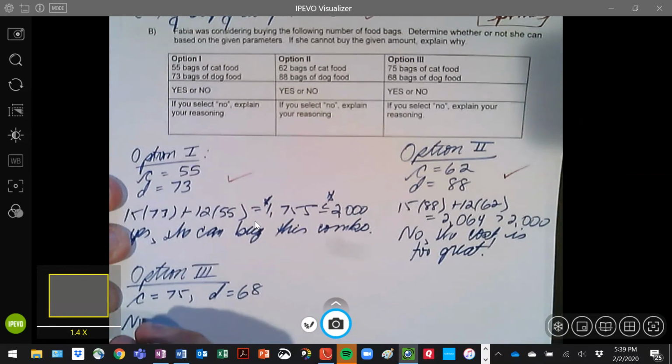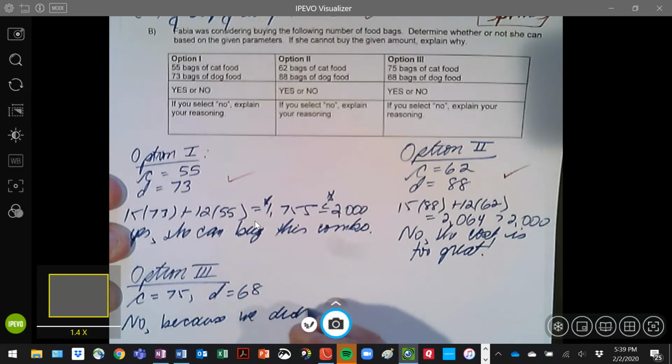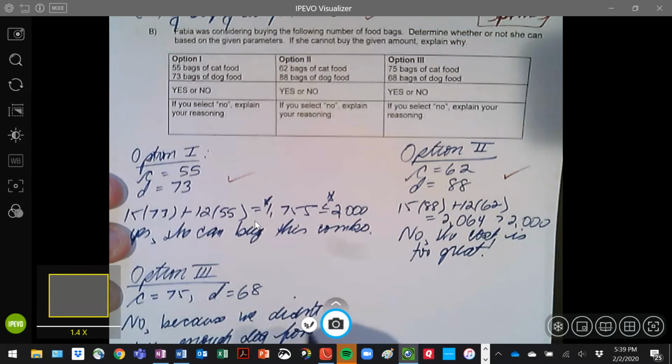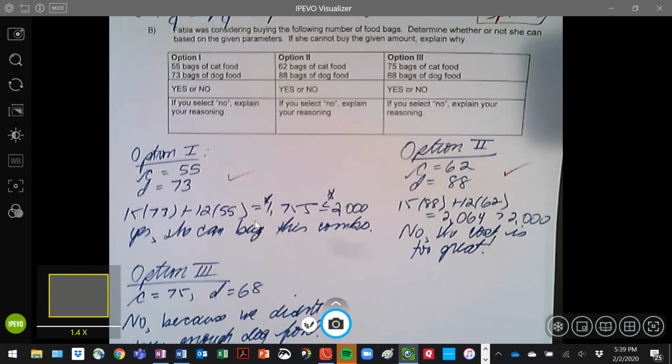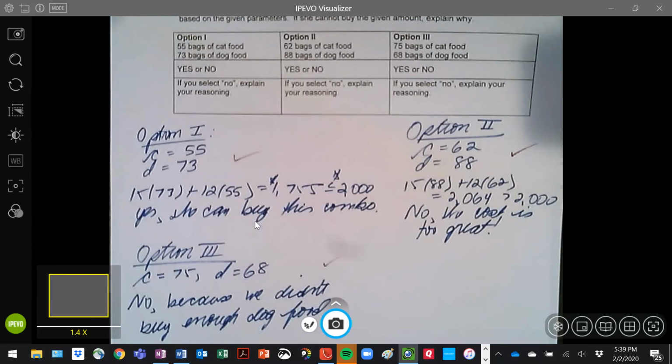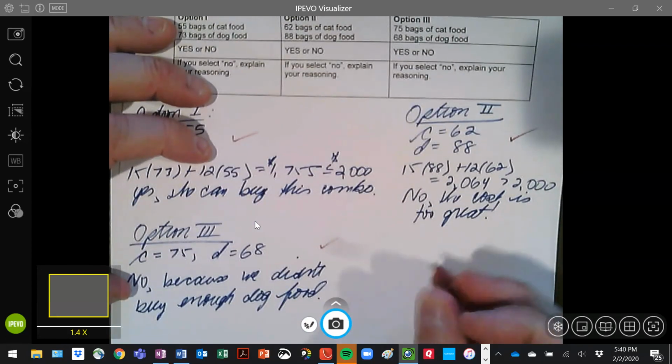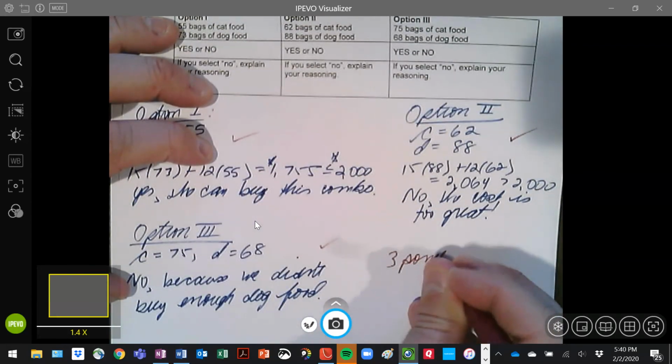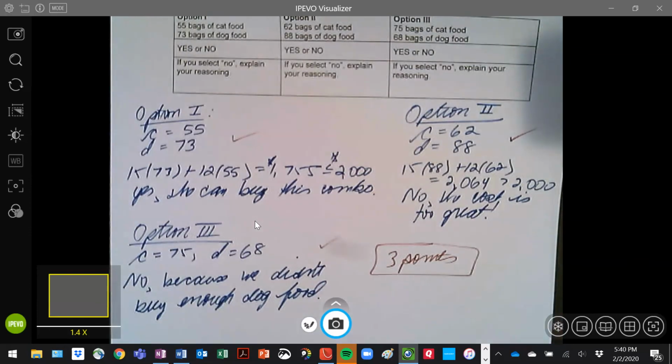So I would say no. But the reason here is different because we didn't buy enough dog food. Okay? And so that would get you the third point. So grand total of 3 points here.